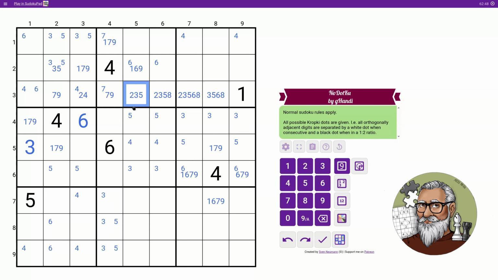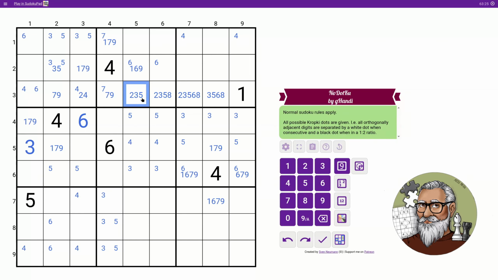Can this be 2? I don't see why not. If this is 2, then that's 1. That's 4. That's as far as it goes. We would need 1 here, but the thing to say as well, if this is 2, then this is 8. I don't know if that's an issue, but, no, what am I talking about?